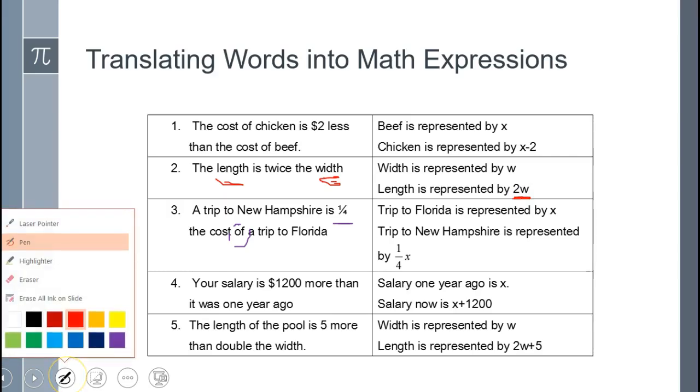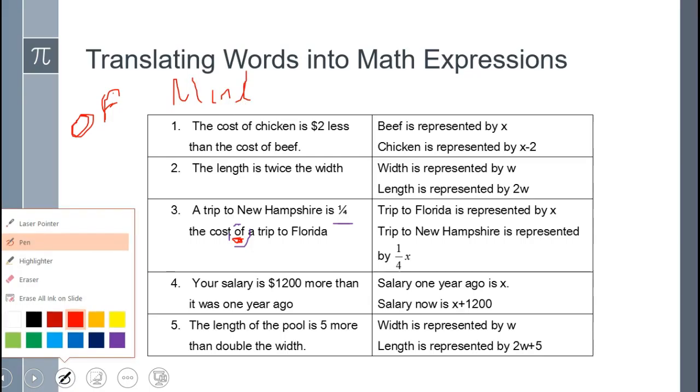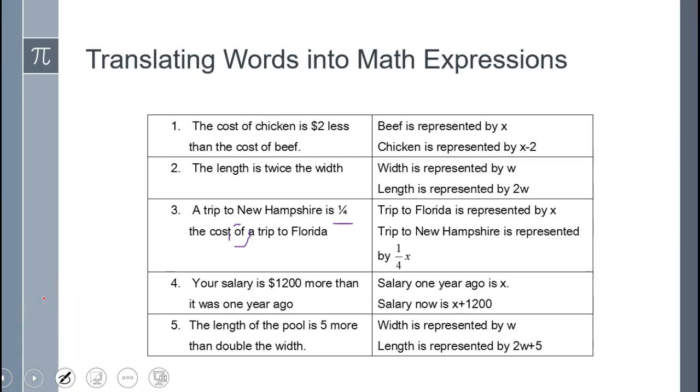The next one, the cost of a trip to New Hampshire is a quarter the cost of a trip to Florida. This word "of" means multiply. Of, you see that word of? It means multiply.